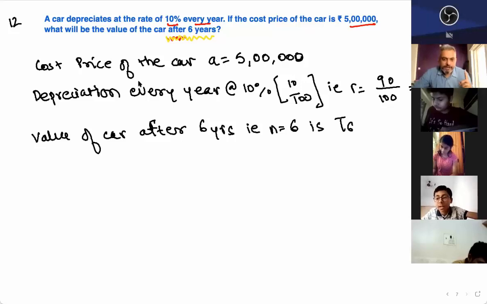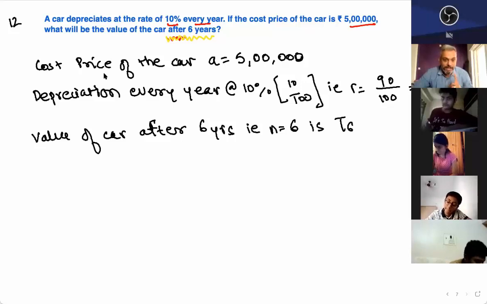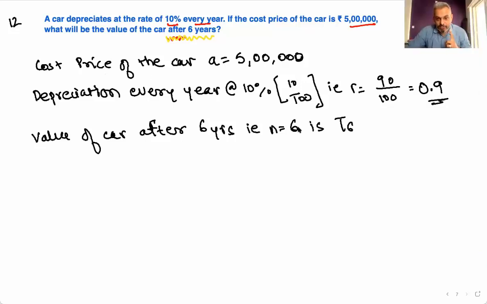Wrong. Sir, 7. हाँ, T6 नहीं आएगा, it will be T7. समझ में आया? ध्यान दो कैसे, is N6, is T6, is wrong. ध्यान देना अब. So n will be equal to 7.